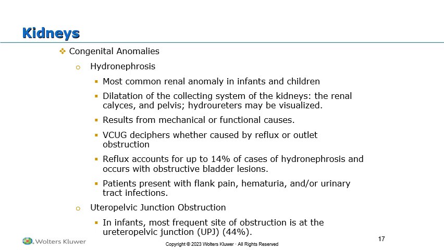So reflux at the vesicoureteral junction accounts for about 14% of cases of hydronephrosis, and can occur with obstructive bladder lesions. It can also occur with duplicated collecting systems, neurogenic bladder, or an abnormal insertion of the ureteral angle into the bladder. So a lot of different things can cause that reflux.